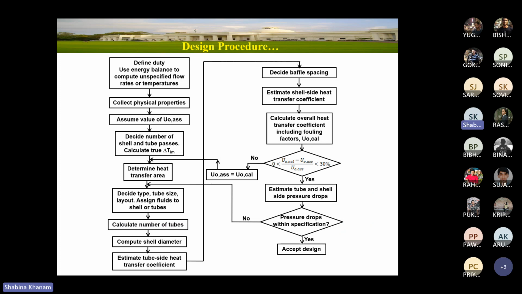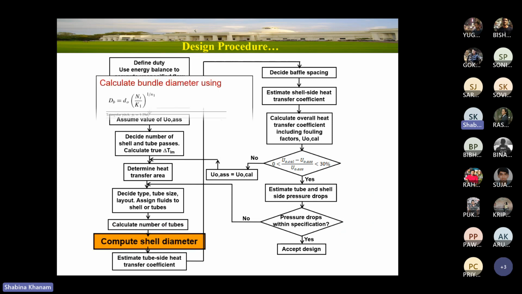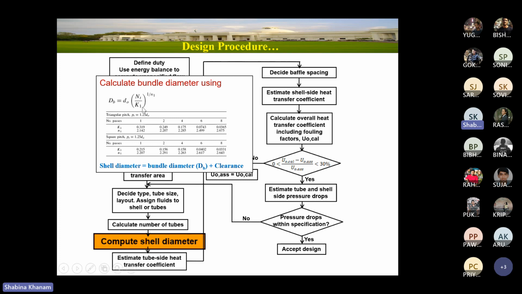With the number of tubes, we can proceed to the shell dia, and for that you need to calculate the bundle dia first. Bundle dia would be a function of the number of tubes, K1 and N1, and D naught. Here also you need to consider D naught. K1 and N1 will depend on the passes, and these will be tube passes, not shell passes, and that depends on the pitch.